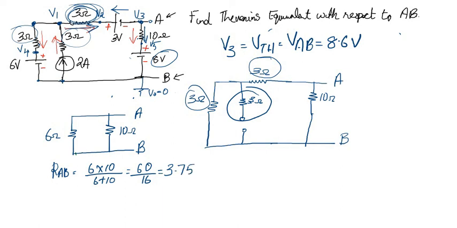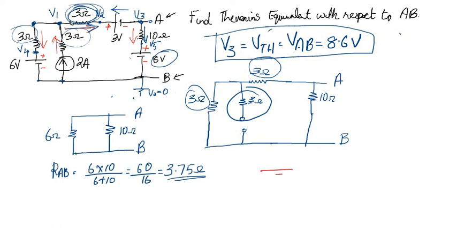So now we have found the value of VTH as well as RTH. The Thevenin's equivalent as per this diagram will be VTH of 8.6 volt in series with a resistance of 3.75 ohm, across A B. So this is our Thevenin's equivalent.